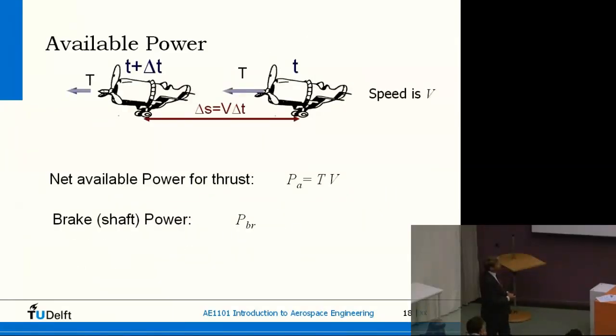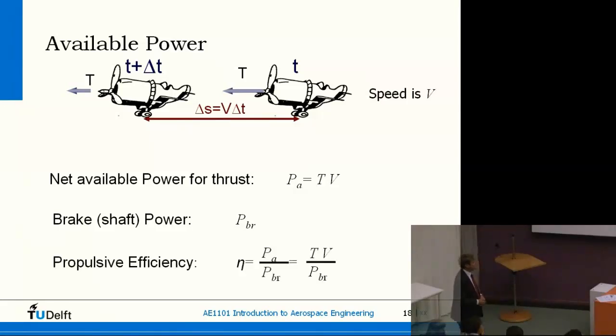For a propeller, the power that comes out of the engine and goes into the propeller, we call the brake shaft power. So if you buy an engine, you can see what the brake power of the engine is. It's specified by the engine manufacturer, and it's up to you to select the right propeller to get a high efficiency, to get a high amount of available power from the brake shaft power. Well, we can fill this in.